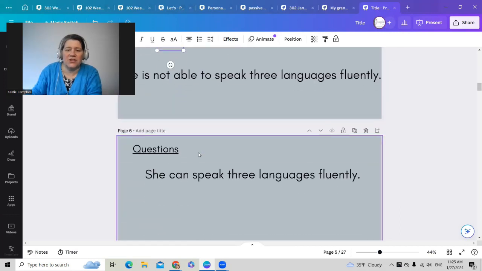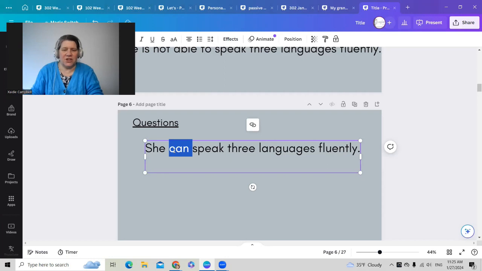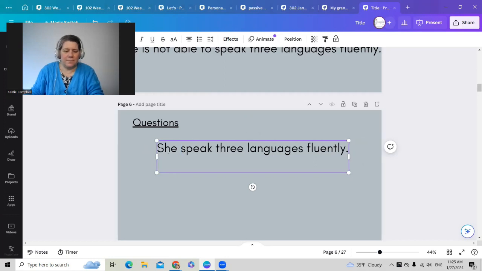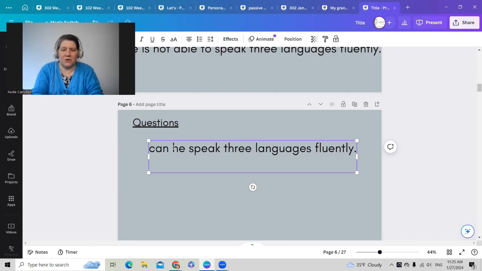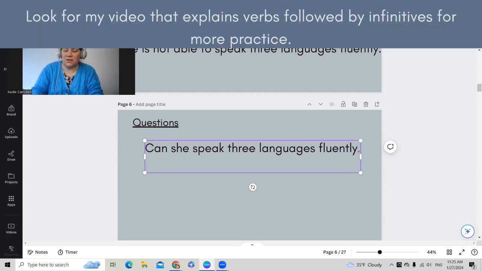Let's go on to questions. In questions, we already have 2 verbs. So even though this is a present simple sentence, because we have this verb, we can just put it in front here and make it the first one. Can she speak 3 languages fluently? So now it's a question.